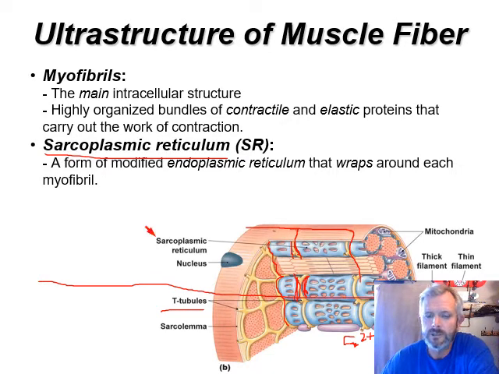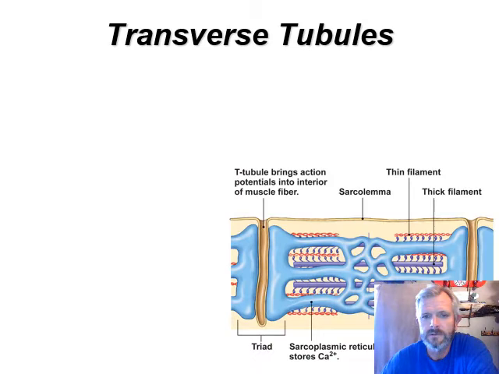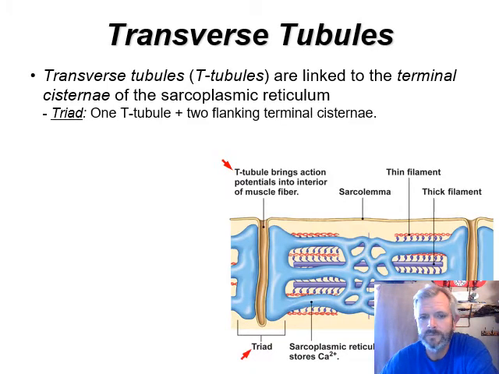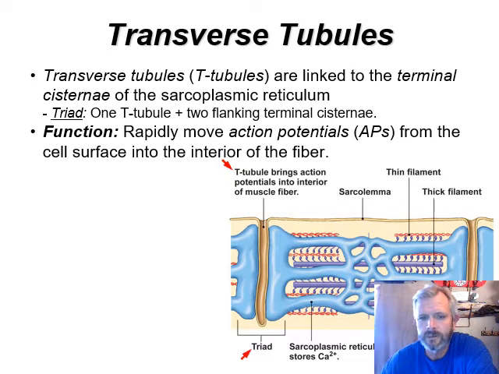So looking closer at these T-tubules, these transverse tubules, you can see the arrangement. Here is the sarcolemma, in which the action potential would be running down.